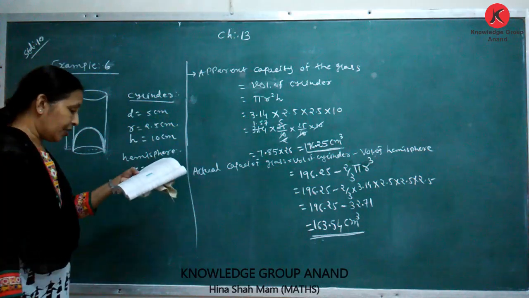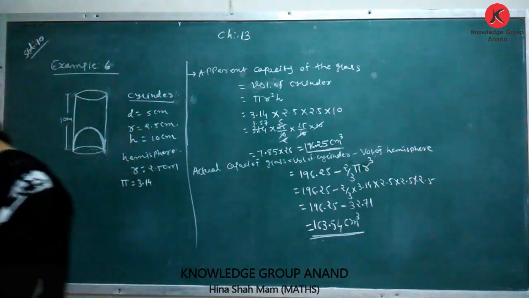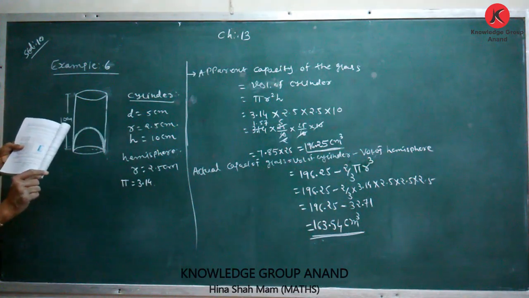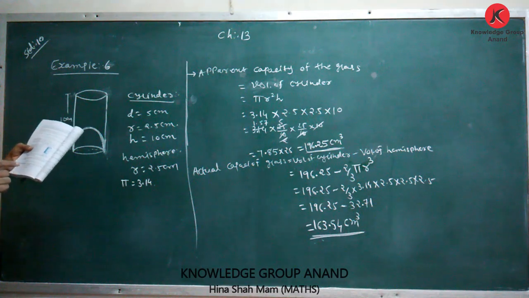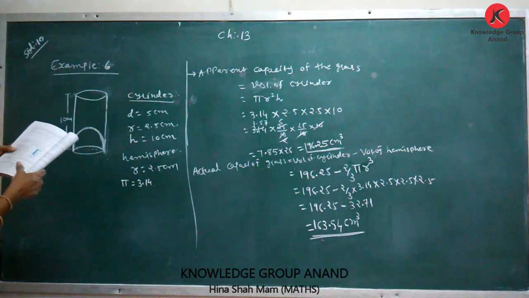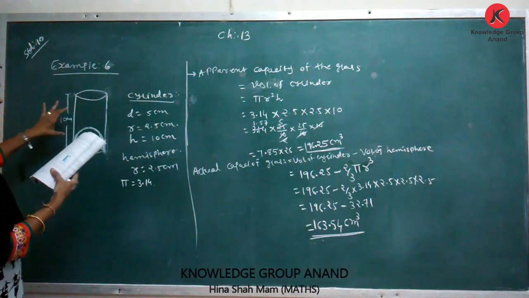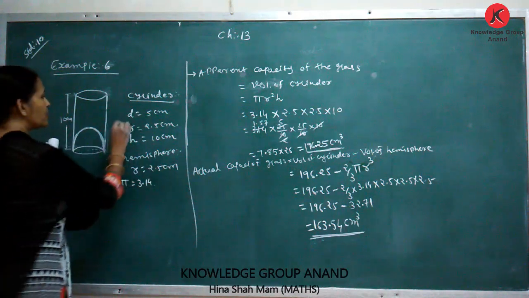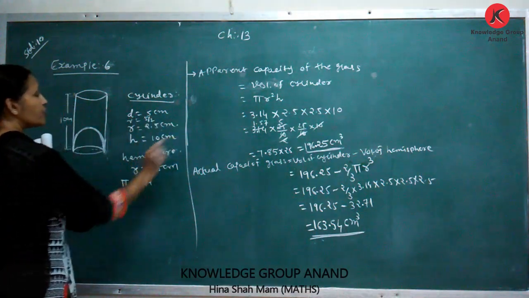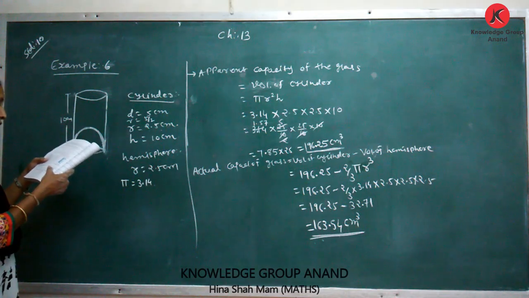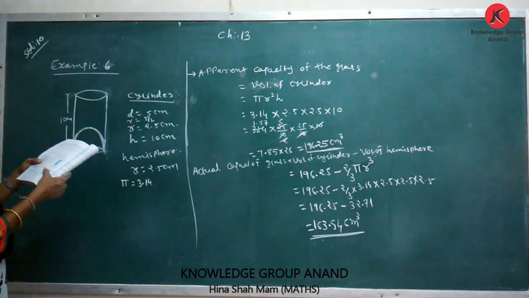163.54 centimeter cube. Again this question is like this. A juice seller was serving his customers using glasses as shown in the figure. The inner diameter of the cylindrical glass was 5 cm. Therefore, radius is equal to 5 by 2, which is 2.5 cm. But the bottom of the glass has a hemispherical raised portion which reduces the capacity of the glass.